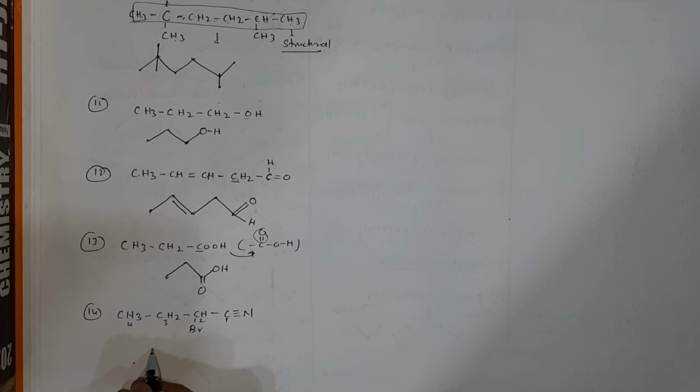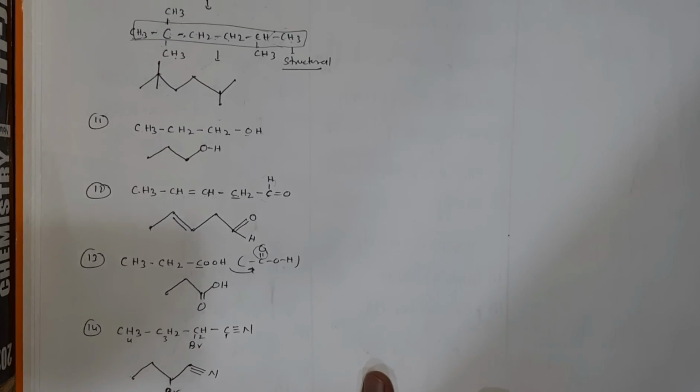So 4 carbons, 1, 2, 3, 4. This is your first carbon C. It is attached by a triple bond to N. Single bond, single bond, single bond. Okay, 4 done, 1, 2, 3, 4. Second carbon has bromine. Put a bromine here. This is the bond line formula for cyanide compounds.